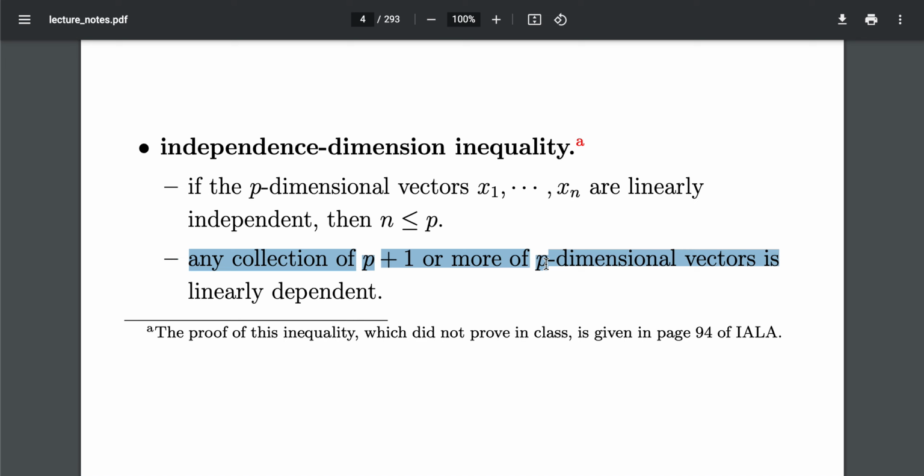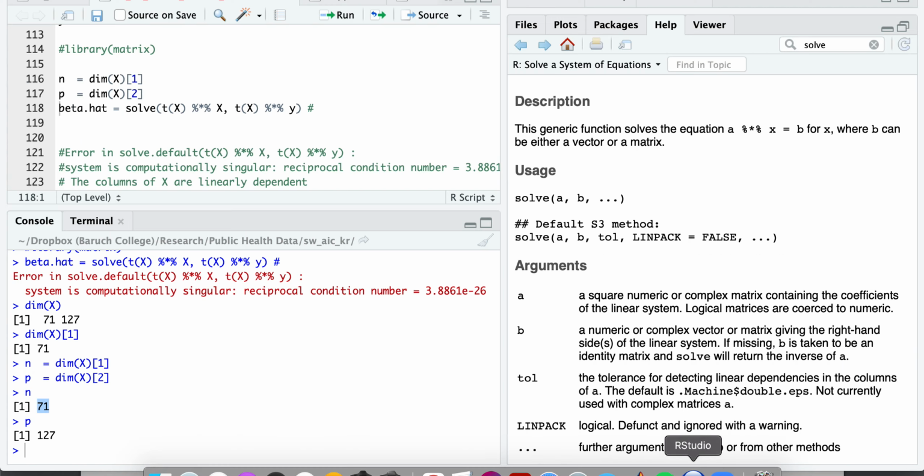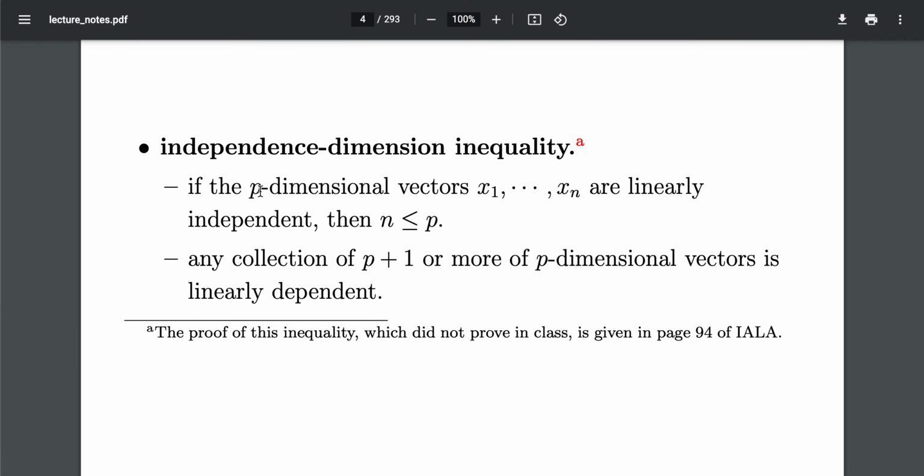So p is 71. How many vectors do we have? As many as we have columns, and that's 127.